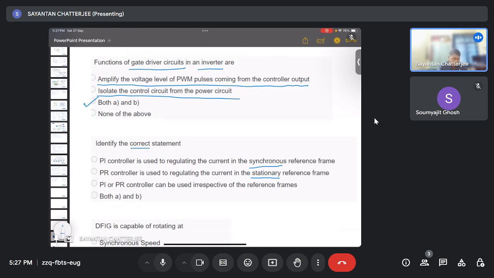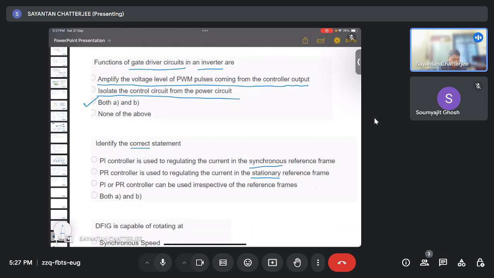PR controller is used to regulate the current in the stationary reference frame. PI and PR controller can be used irrespective of their reference frames. So one option which is rejected is irrespective of the reference frame.